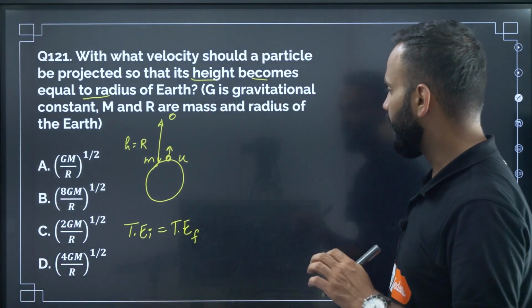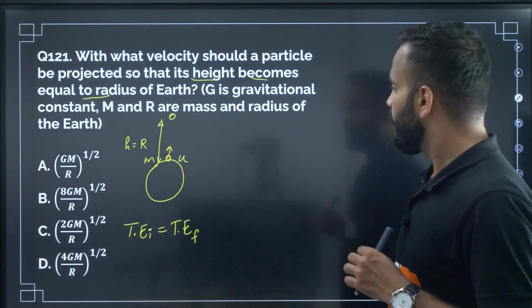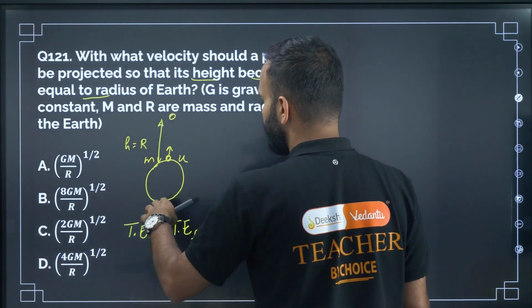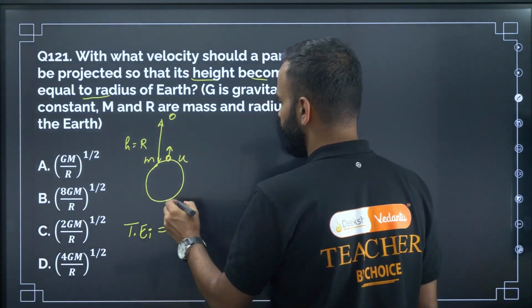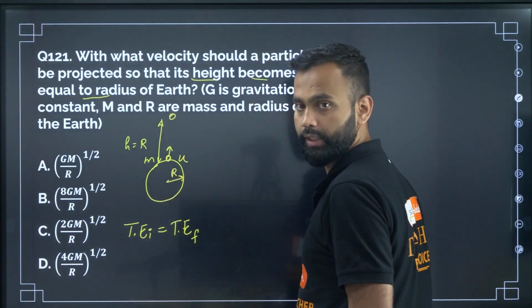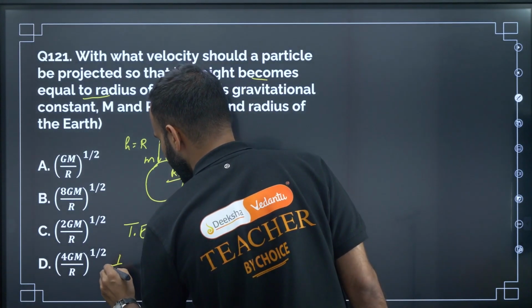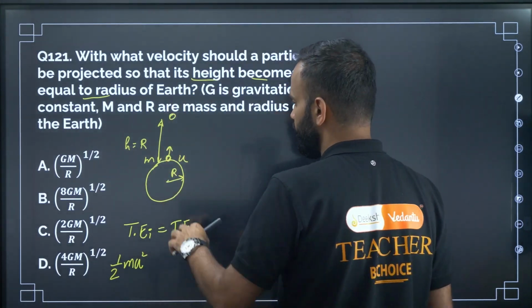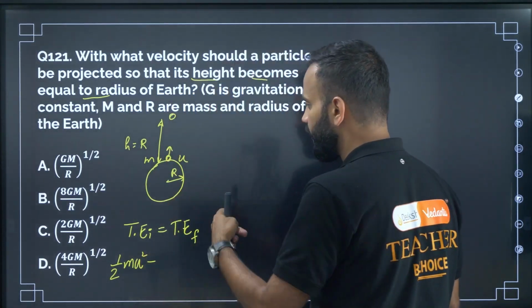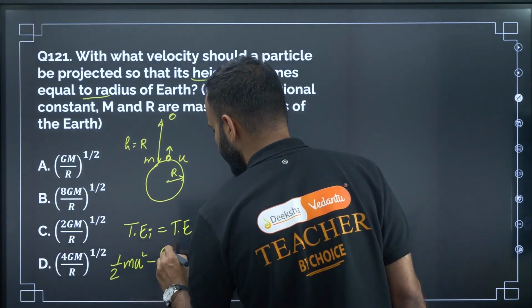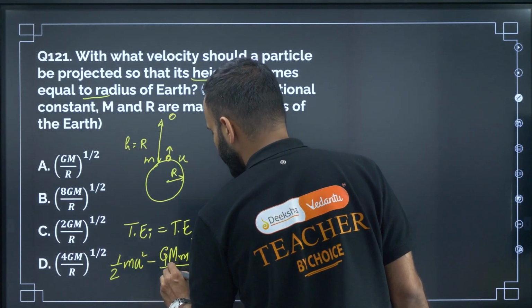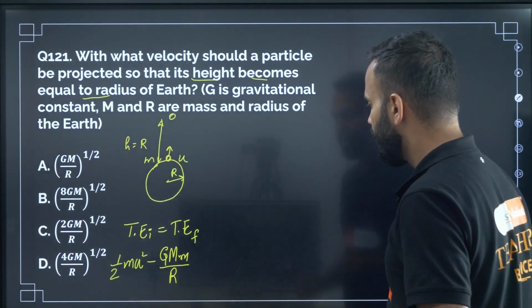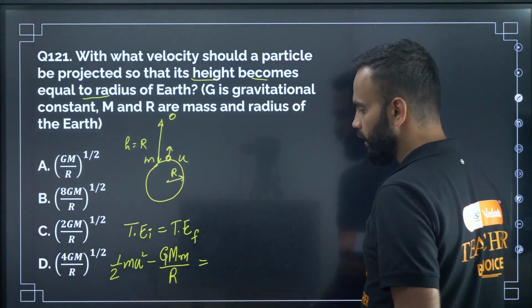So what is the initial total energy? Initial total energy is kinetic energy of the particle plus potential energy of the particle, that is the potential energy of the particle on the surface of the earth. Here r is the radius of the earth. So kinetic energy of the particle is half m u square, u is the velocity given to the particle, minus the gravitational potential energy, that is G M m divided by r, is equal to final potential energy of the particle.